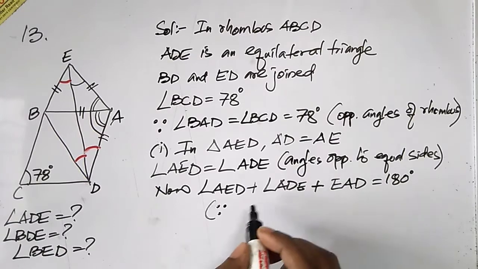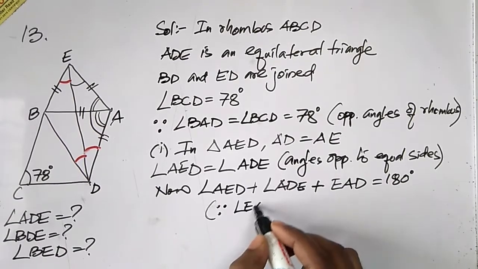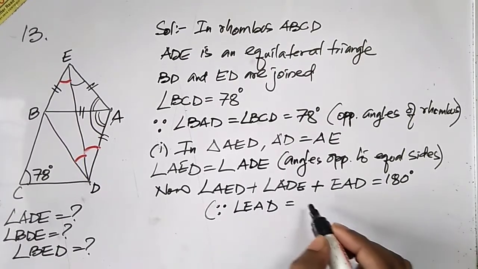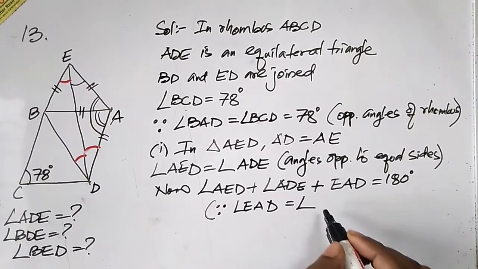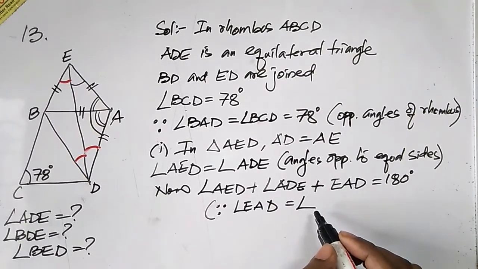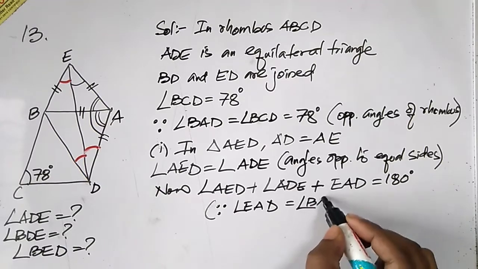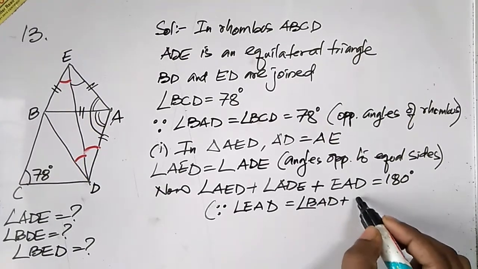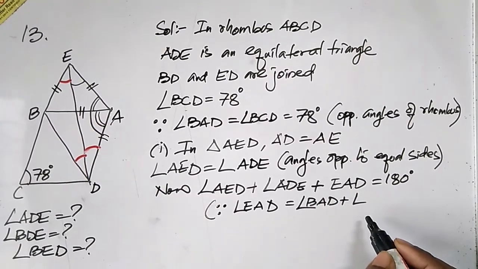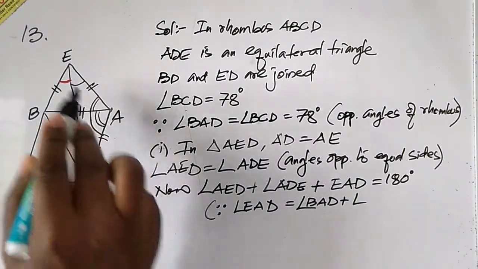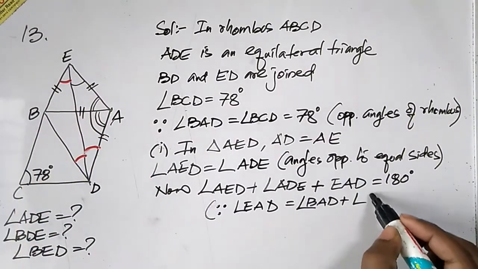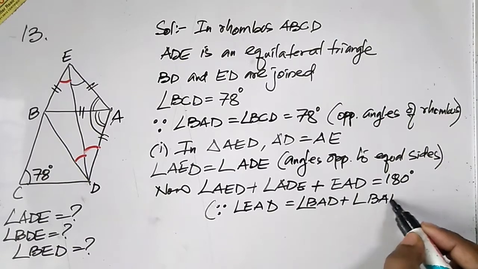That is, angle EAD should be equal to angle, which two angles? BAD plus angle BAE. Alright, angle BAE.